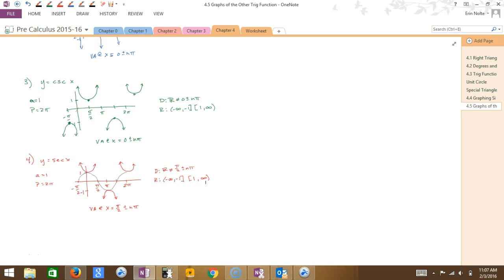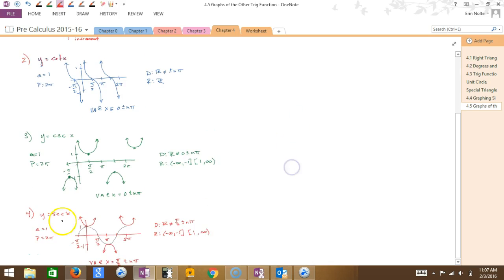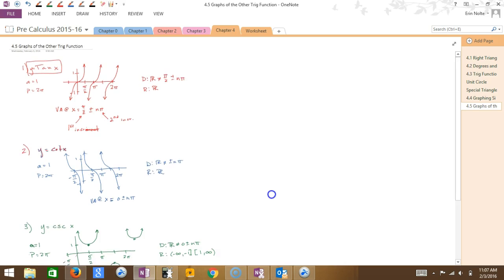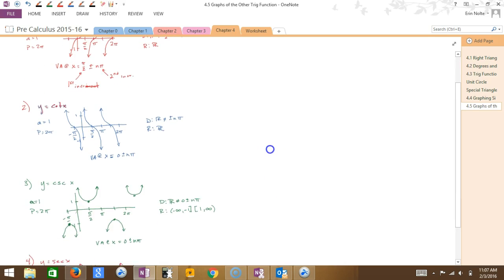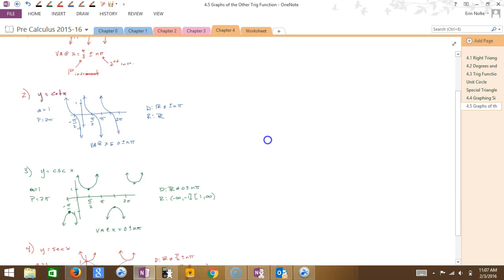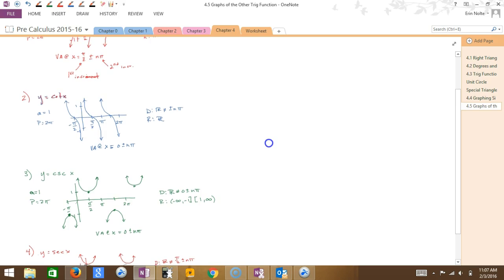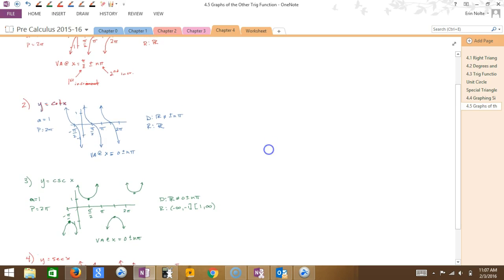Okay, so secant and tangent have the same domain. So they both have a vertical asymptote that starts on the first increment. Okay, and then the cotangent and the cosecant both start at 0.